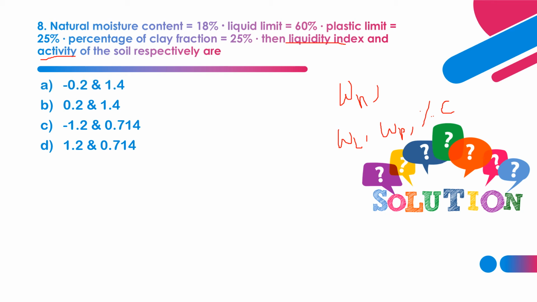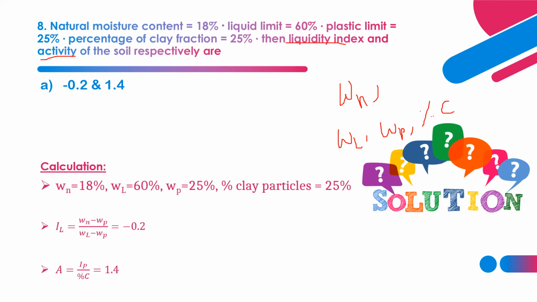So the correct option is option A, minus 0.2 and 1.4. Let's see the calculation part.